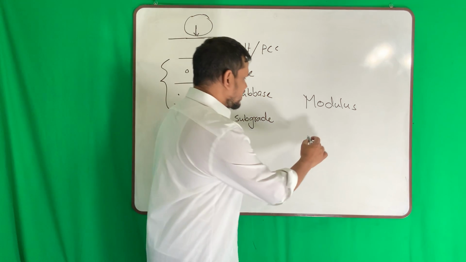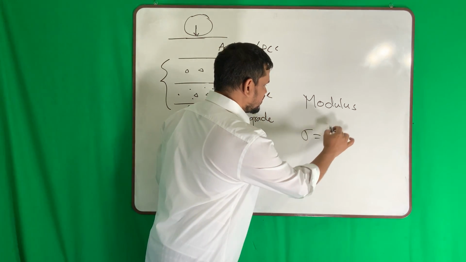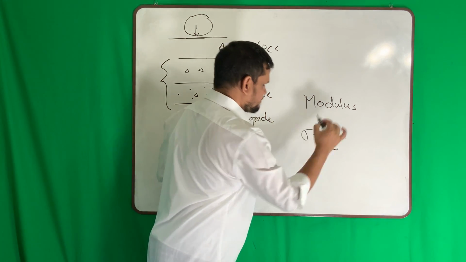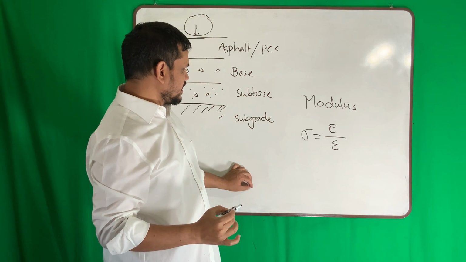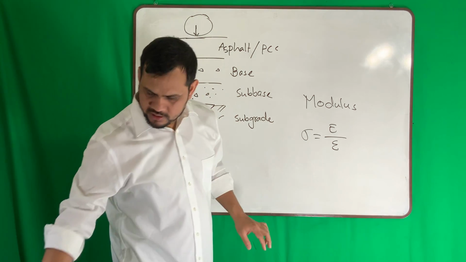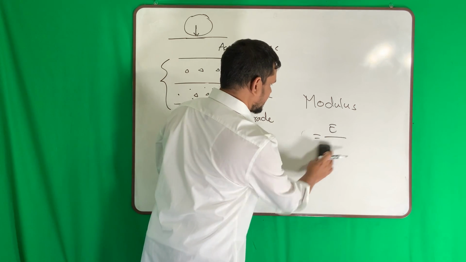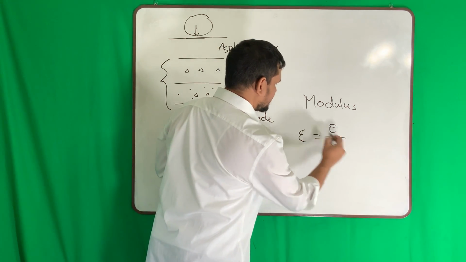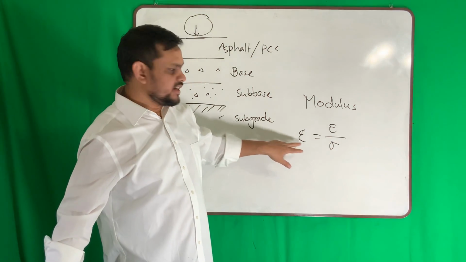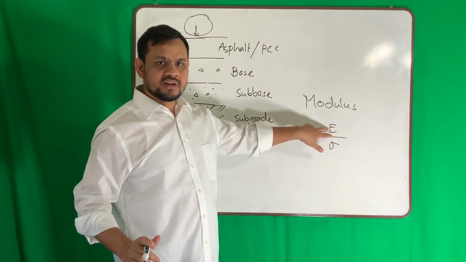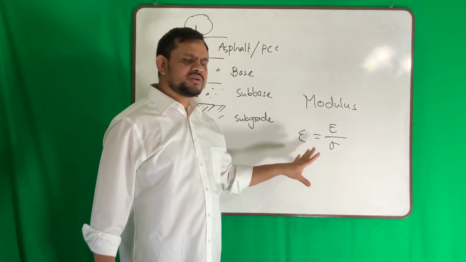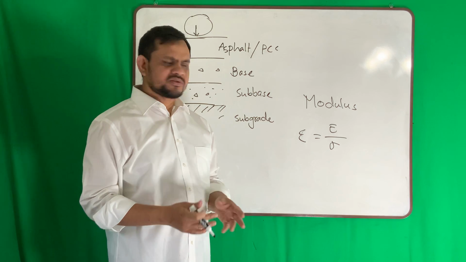What is modulus? If I write the equation, E equals stress divided by strain, epsilon. It is the modulus of elasticity. You saw this equation in your strength of material class also.